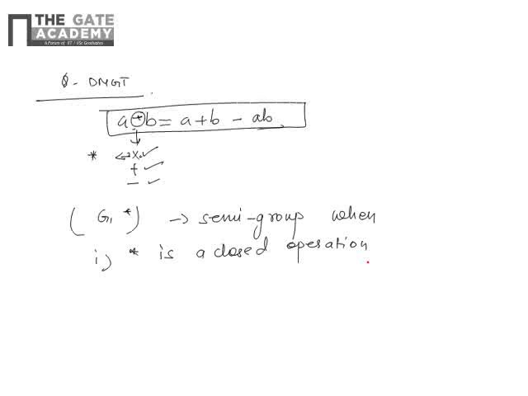By the closed operation, what I mean to say is whatever binary operation we are using, that should be independent of the set. Now the second one is that this is an associative operation. So let's check for the associativity first, so that we can prove that this is a semi group. It is already a closed operation because it is not dependent on the set.